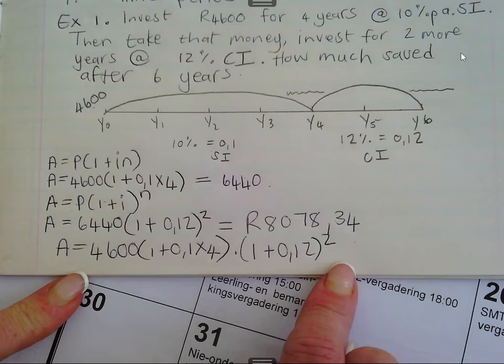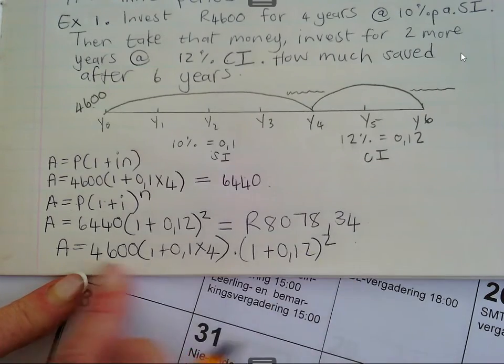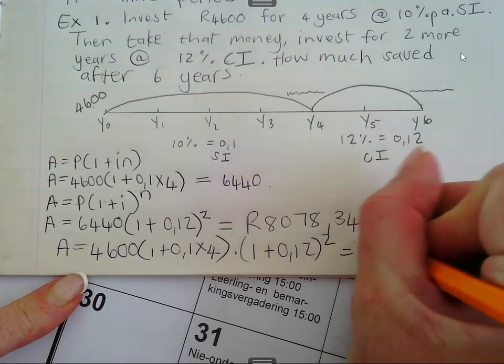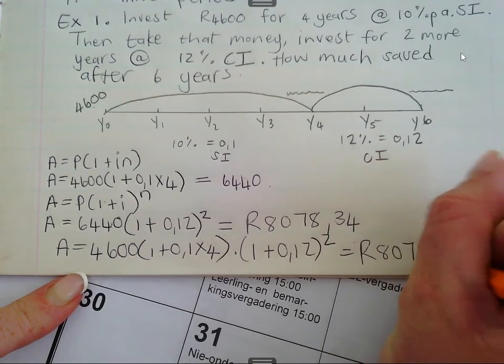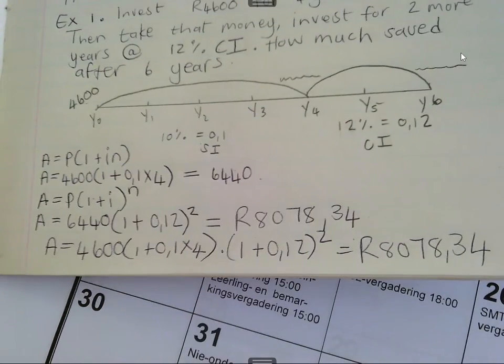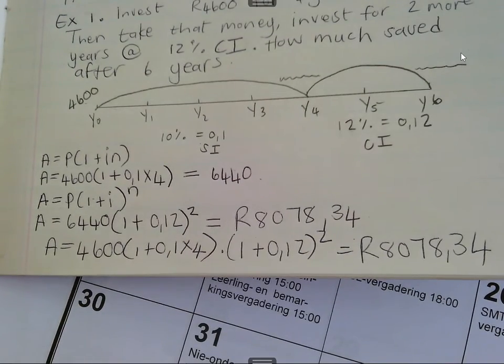And if you take your calculator, and I want you to check up, if you type this exactly as it stands there, it will give you 8,078,34 rand. Did you get the same answer? Okay.